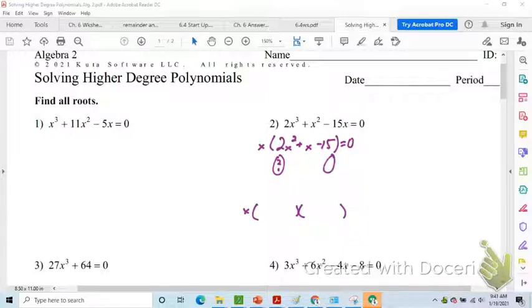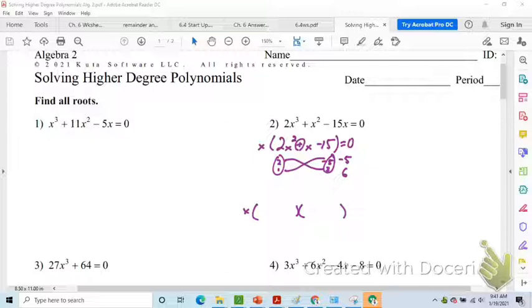And then over here for the 15, I have 5 and I have 3. So I'm going to connect the 2 with the 3. That gives me 6. The 1 with the 5, that gives me 5. But I need a positive 1x, so I need to make the 5 negative.